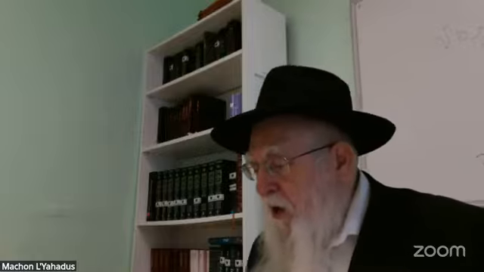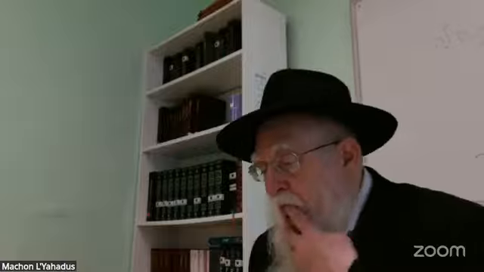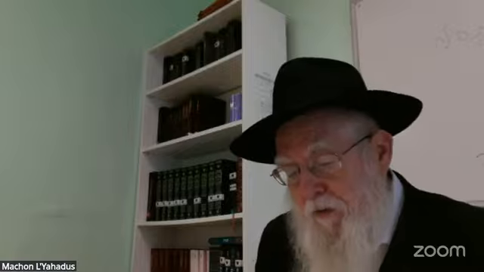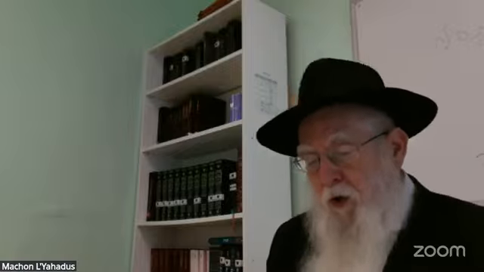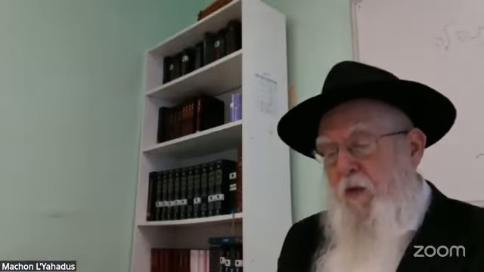So here we are on page 47. For those of you who are listening, we're in the Mamar Derech Mitzvosecha, lessons in Derech Mitzvosecha, and we're doing the Mamar Viduy Teshuva. And we're on page 47.